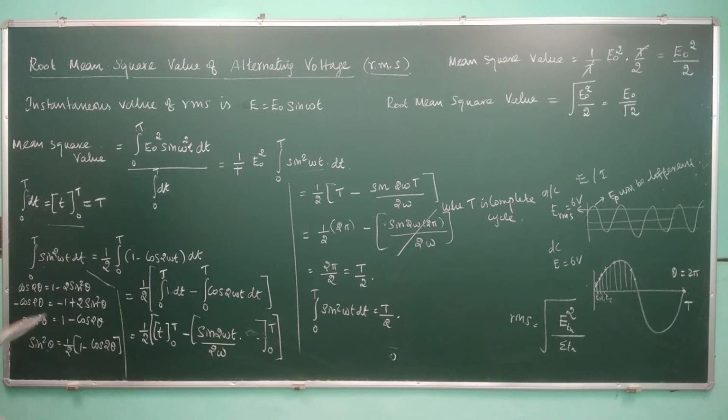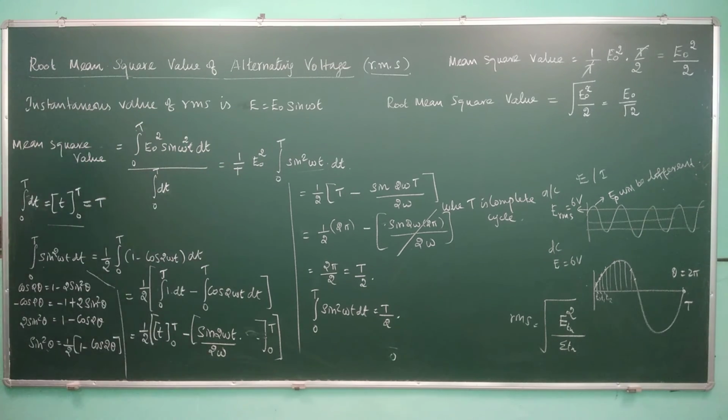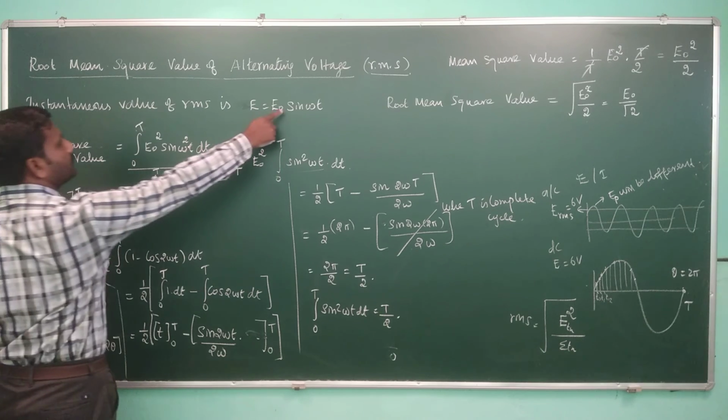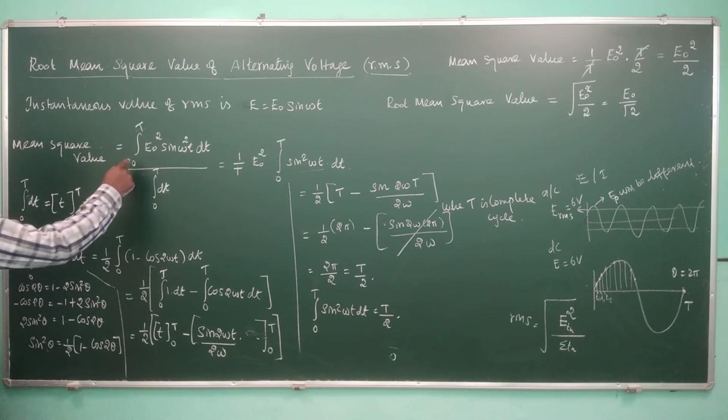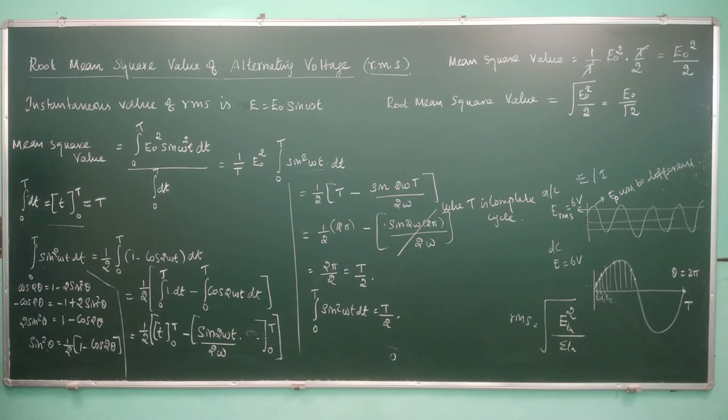So what have we done? We considered the instantaneous value, which is equal to E naught sin omega t, and we took the mean square of this term, integrating over 0 to T and dividing by the integral of 0 to T for a small interval of time dt.